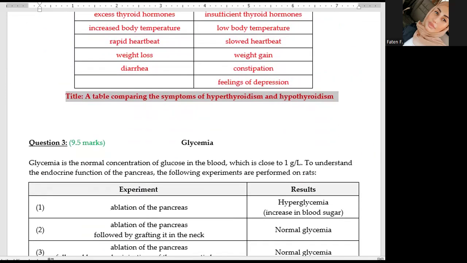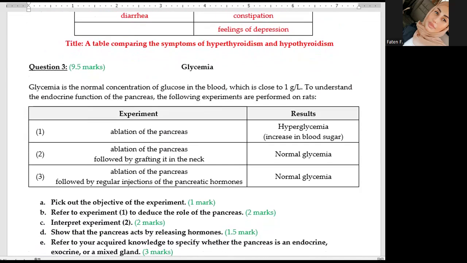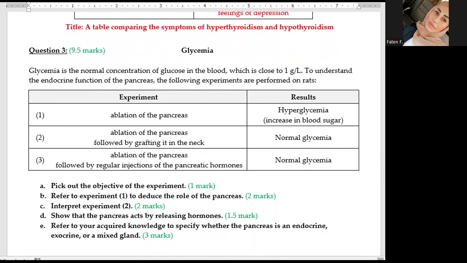Okay. So question number 2 is all about the text and picking out information from the text. Question number 3, glycemia. Here they did different experiments and we analyze and conclude from the experiments. So glycemia is the normal concentration of glucose in the blood, which is around 1 gram per liter.